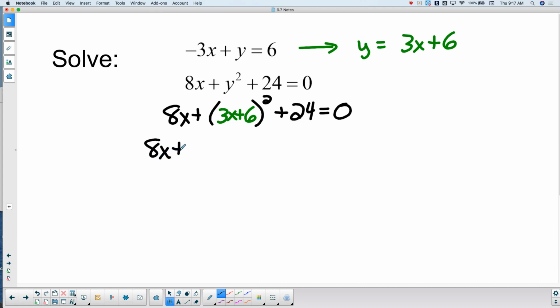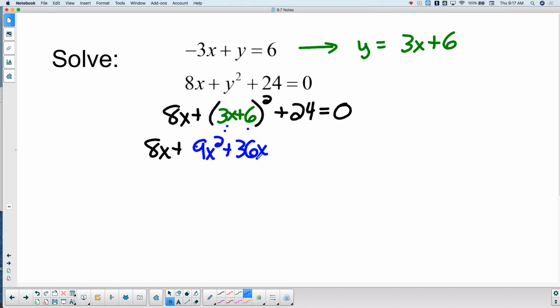I take this term and I square it, so 3x quantity squared is 9x squared. Then I take these two terms and multiply them together, and then multiply that by 2. So 3 times 6 is 18, times 2 is 36.